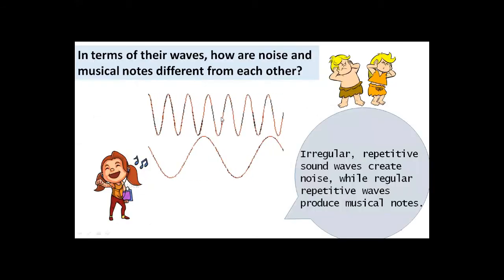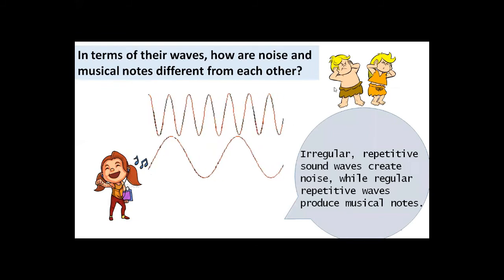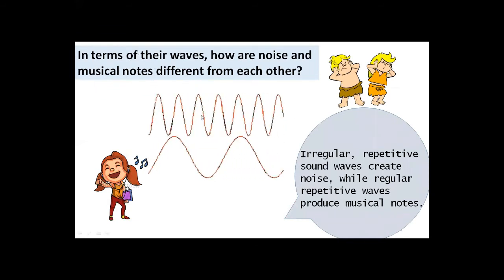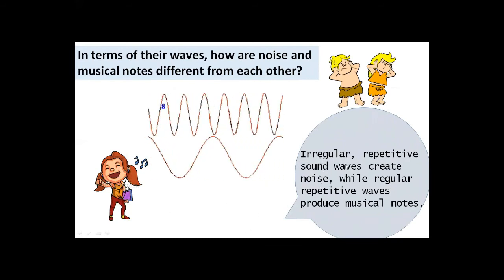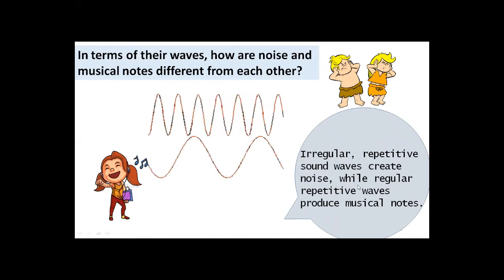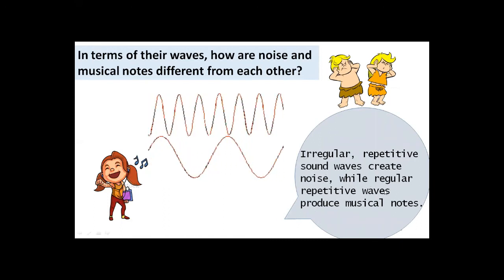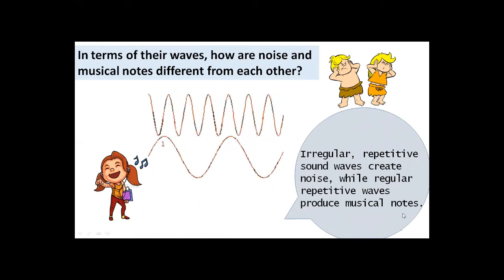In terms of waves, how are noise and musical notes different from each other? The answer is that irregular, non-repetitive sound waves create noise, while regular, repetitive waves produce musical notes.